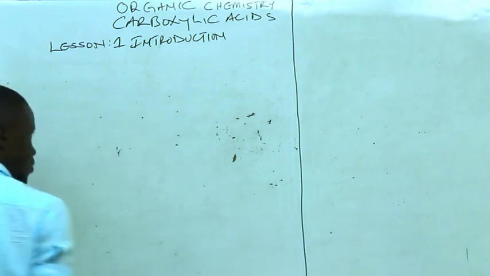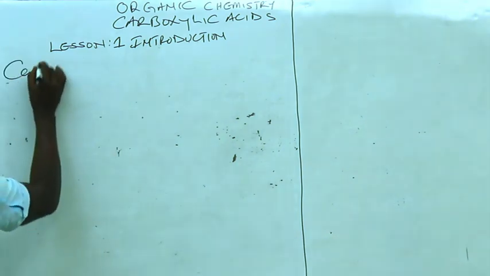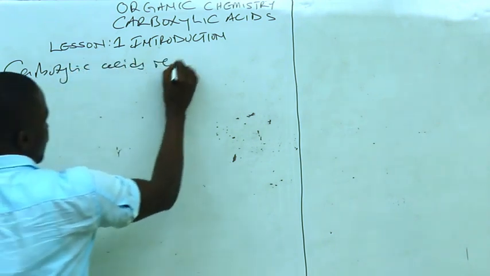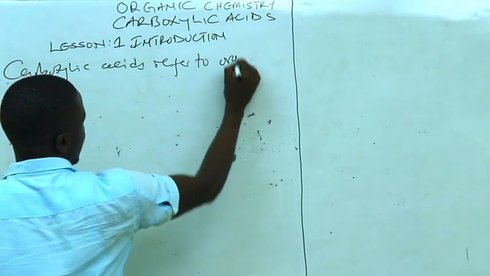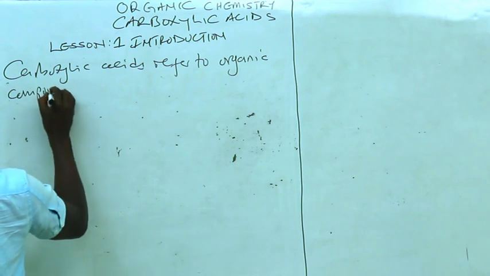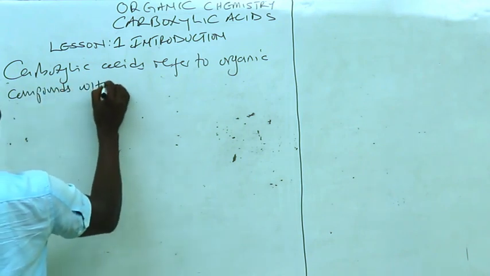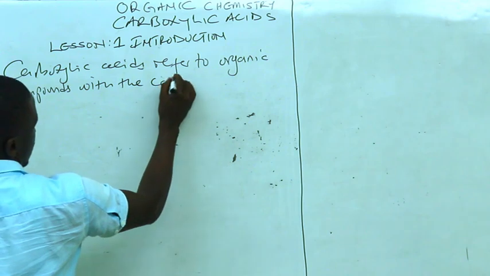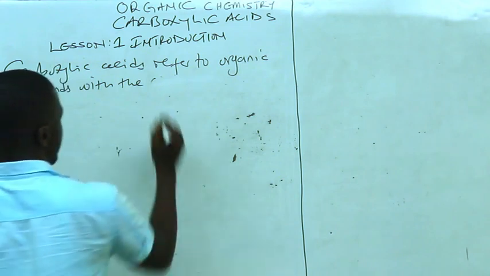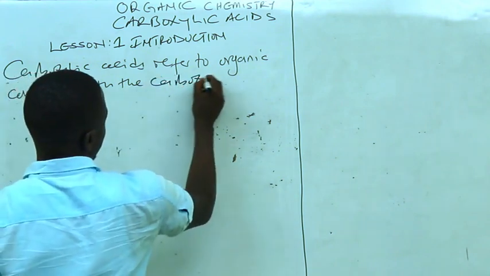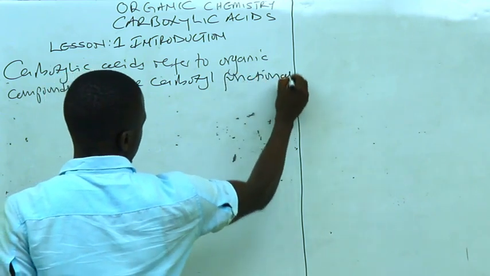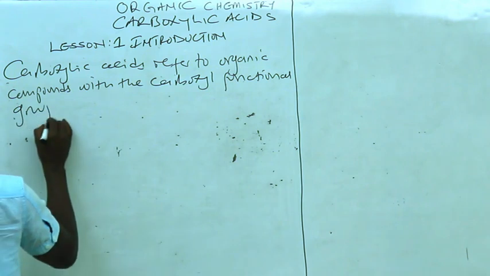What are carboxylic acids? Carboxylic acids refer to organic compounds with the carboxyl functional group, not carbonyl, the carboxyl functional group.